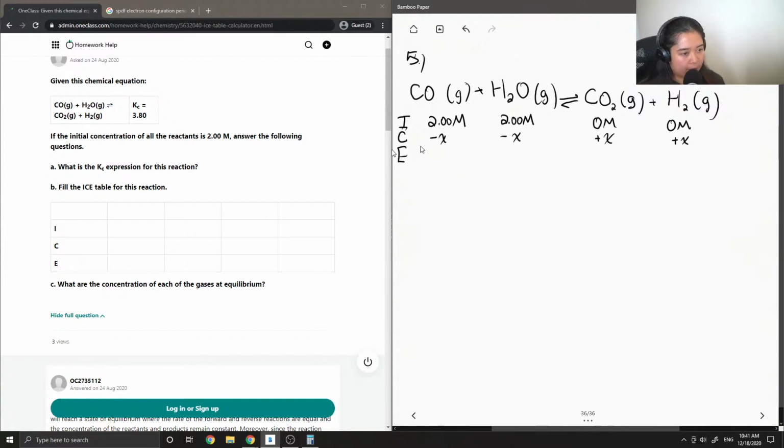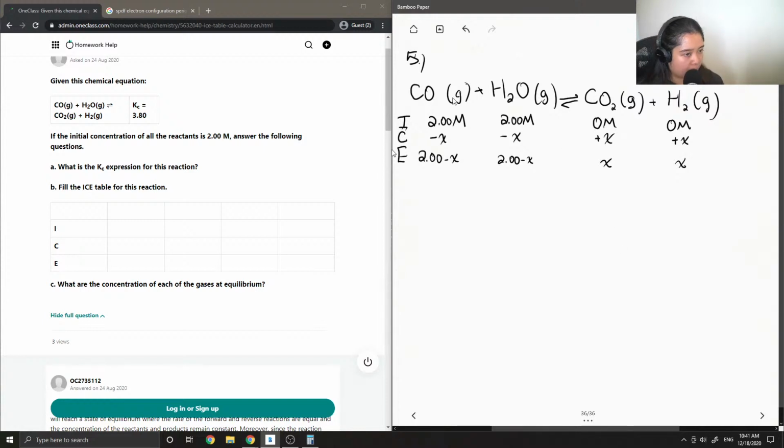And now we write the equilibrium expression, which would just be 2 minus x. And then our products will just be equal to x.